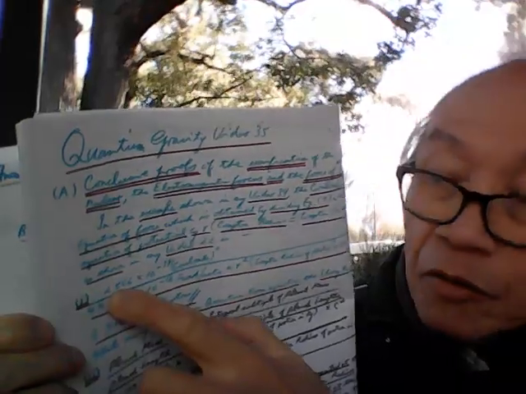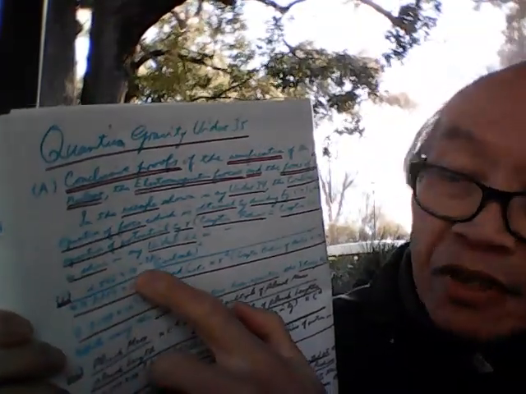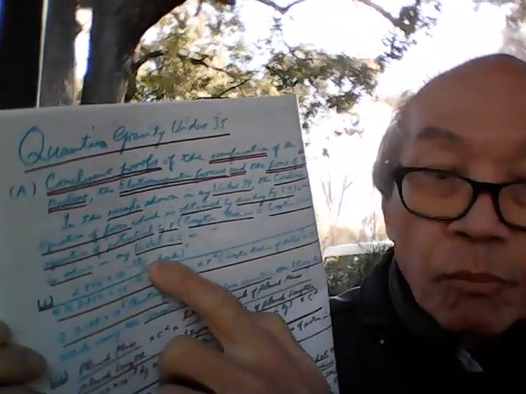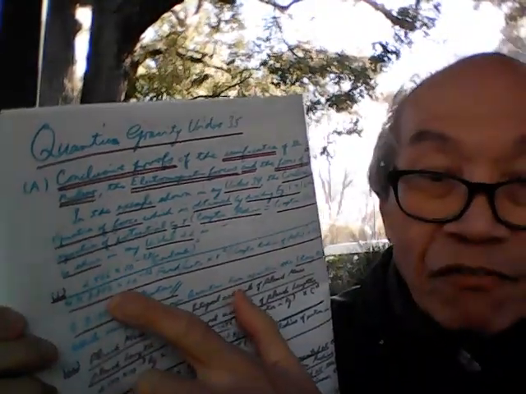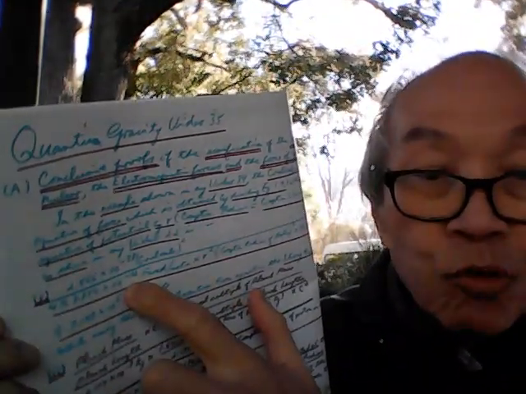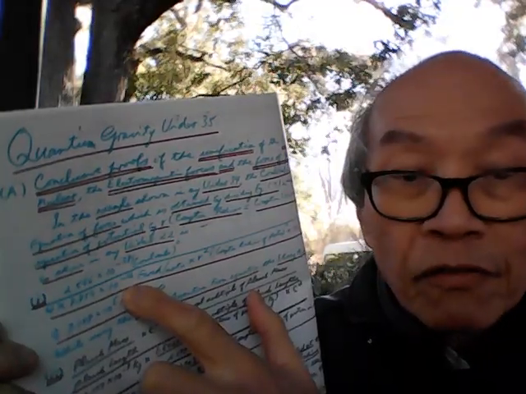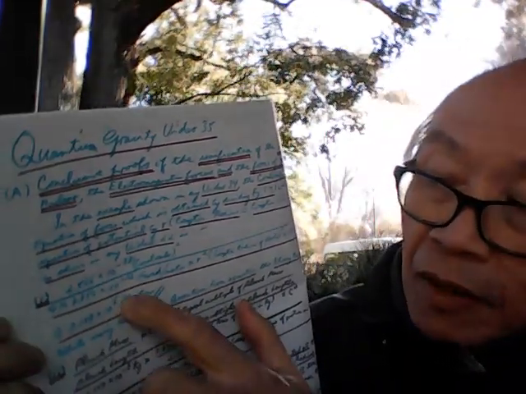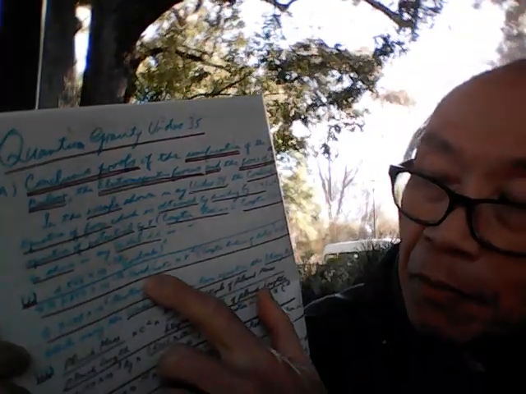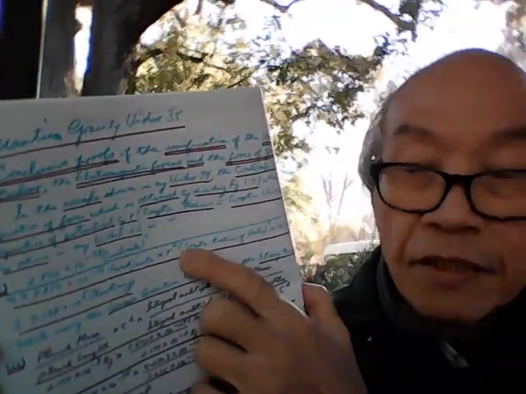E squared is 2.566 times 10 to the power minus 38 Coulomb squared. And then divide by 4 pi times 8.854 times 10 to the power minus 12. This is epsilon naught, so the unit is farad per meter. And then divided by the quantum radius.